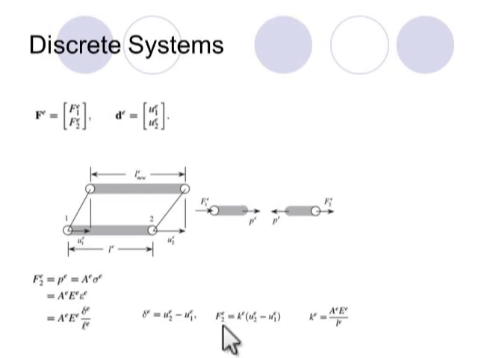And the force at point 2 then can be written as k multiplied by the change in length, the elongation. This formula is similar to the relation between force and displacement in a spring, right?